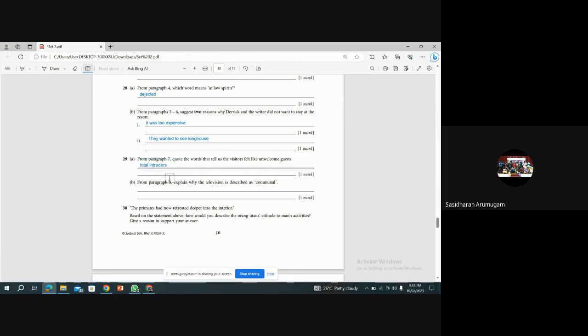From paragraph 8, explain why the television is described as communal.